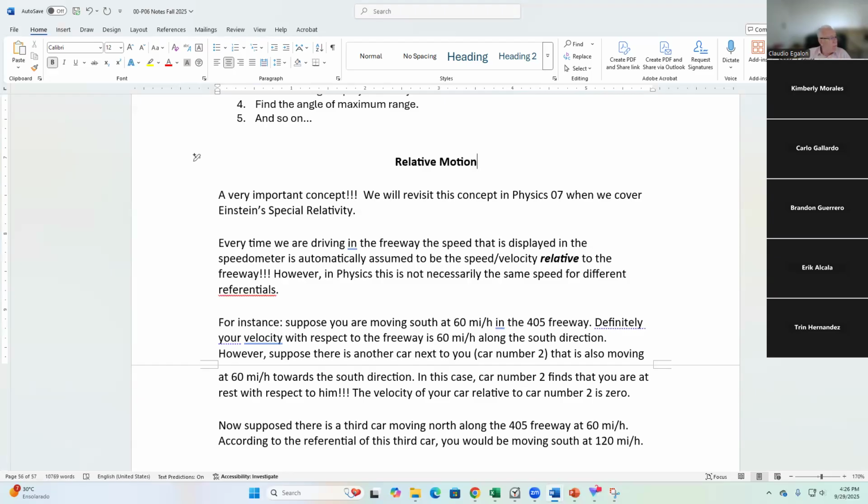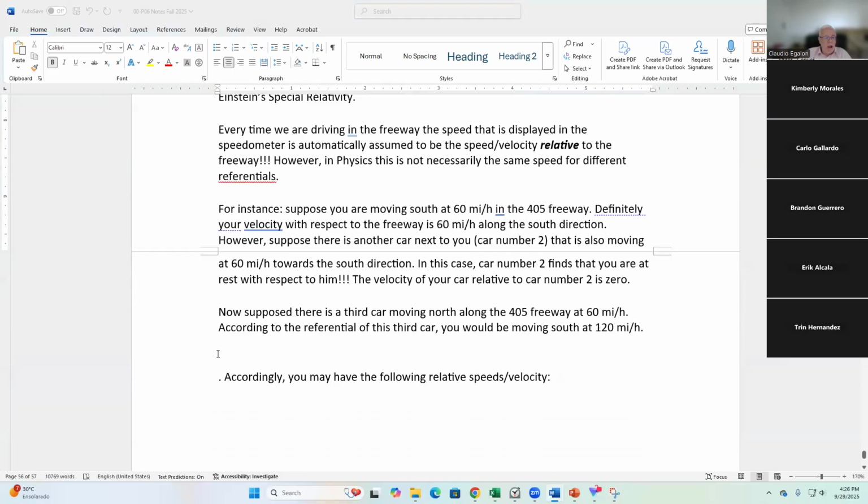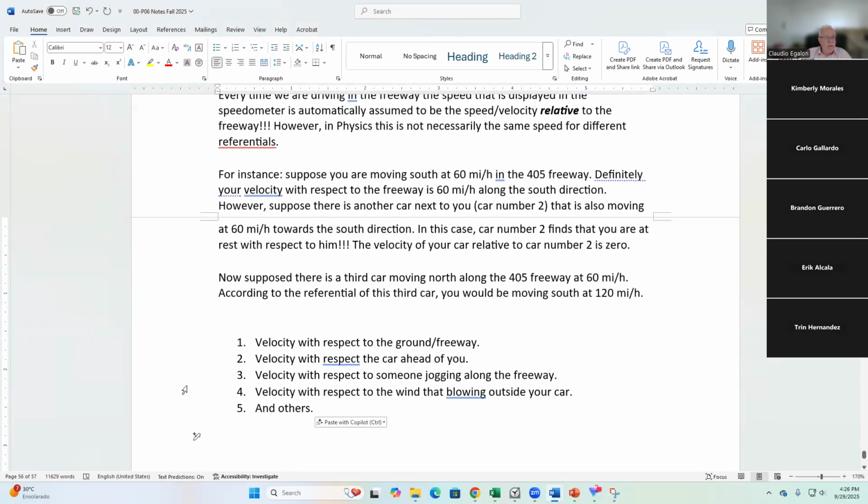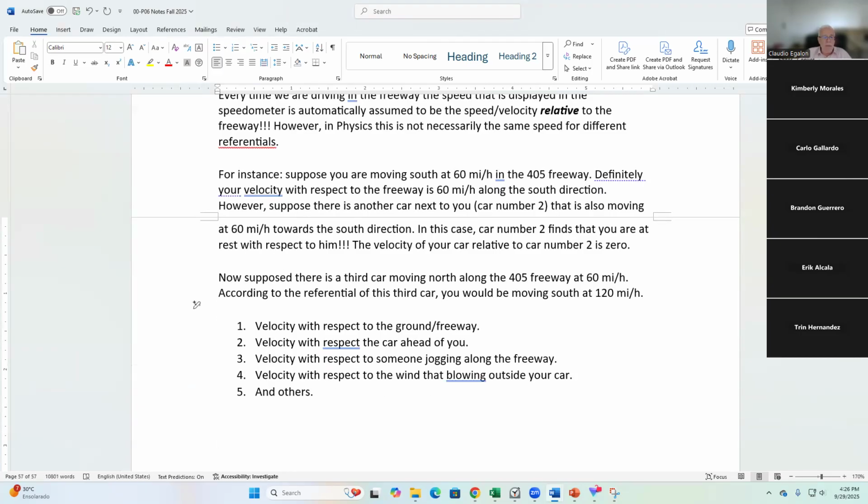Okay? So we have all sorts of relative motion. We can have velocity of your car with respect to the ground or the freeway. Velocity of your car with respect to the car ahead of you.